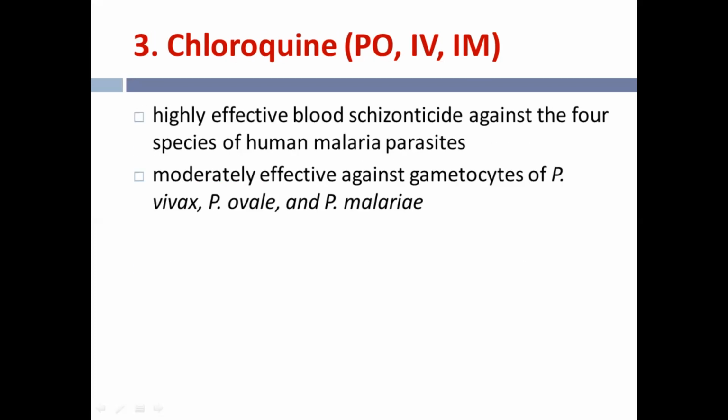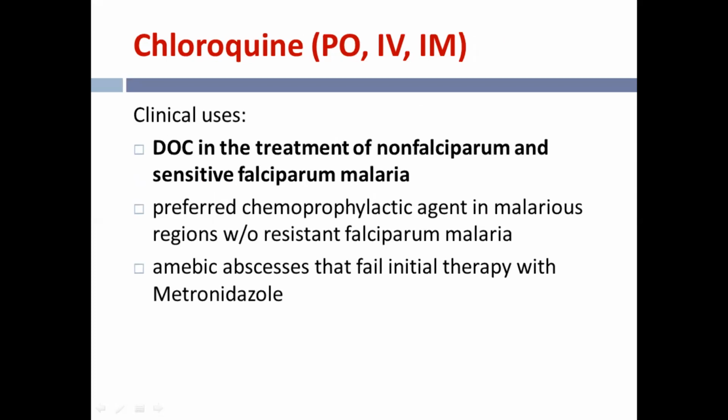Sorry. Chloroquine pala yan, no? So chloroquine is the most highly effective against the 4 human malaria parasites. And it is the drug of choice, no? For non-falciparum and sensitive falciparum malaria. So unang-una chloroquine, then kung resistant to chloroquine, then tsaka tayo mag-iibang product.